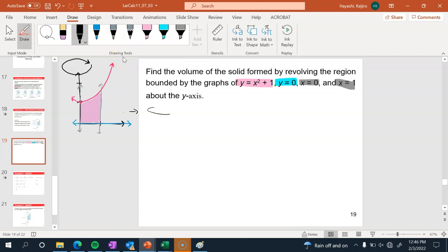It ends up making this dumb little shape. Now, when we saw this previously, we only knew the disk method, so we had to take our slices perpendicular to the axis of rotation, which looked like this.